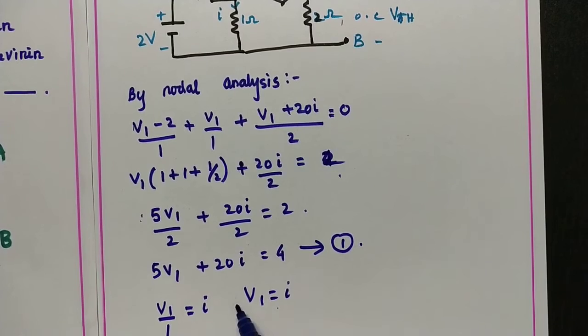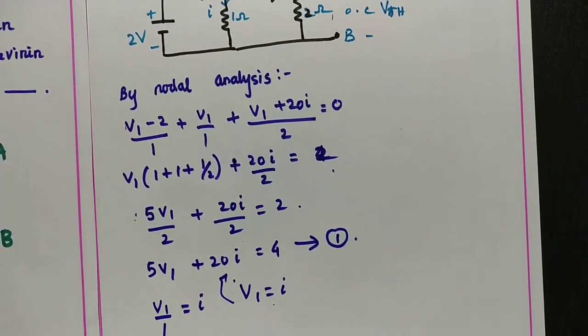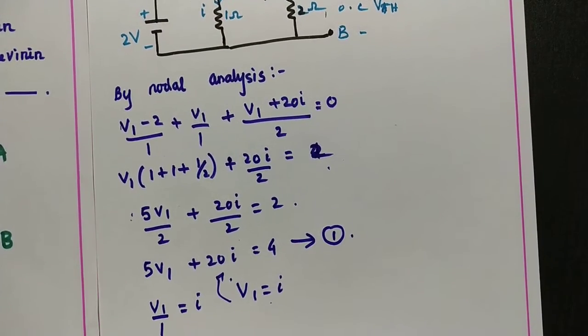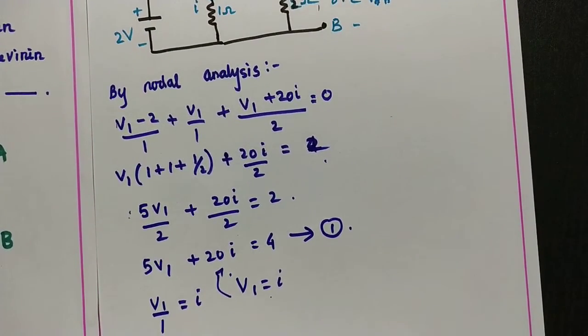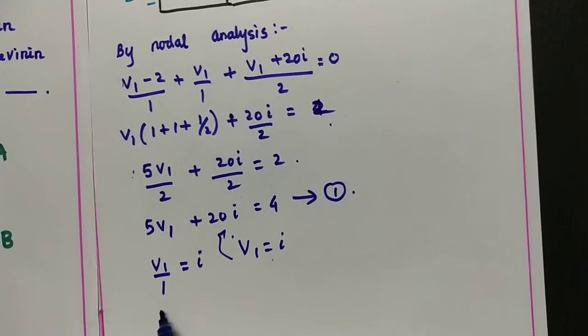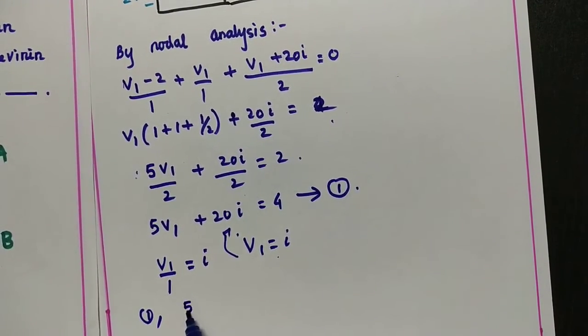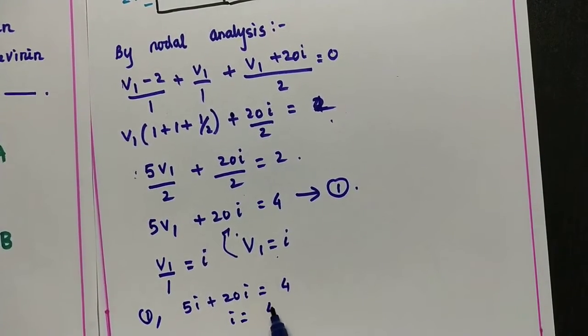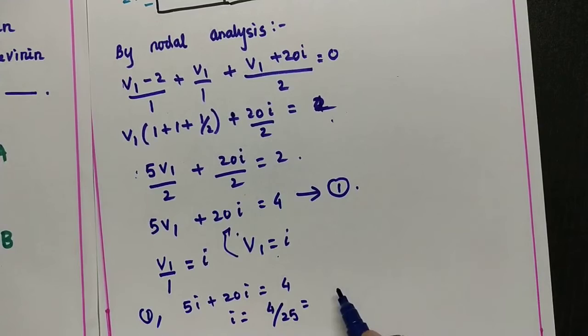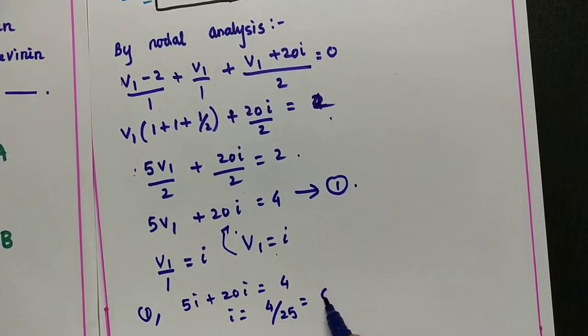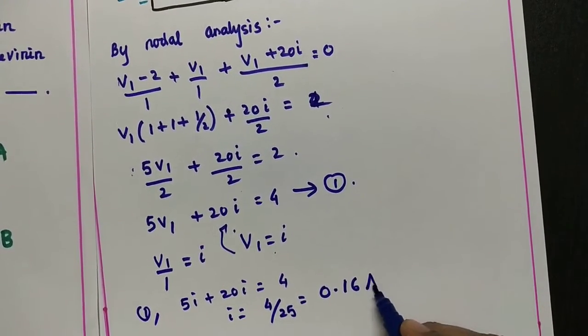Now we are eliminating V1 to find the current I. So we are substituting the V1 value as I in the first equation and we will find the current value. So this equation will become, V1 equal to I means 5I plus 20I equal to 4. So therefore I equal to 4 by 25, that is equal to 0.16 amps.